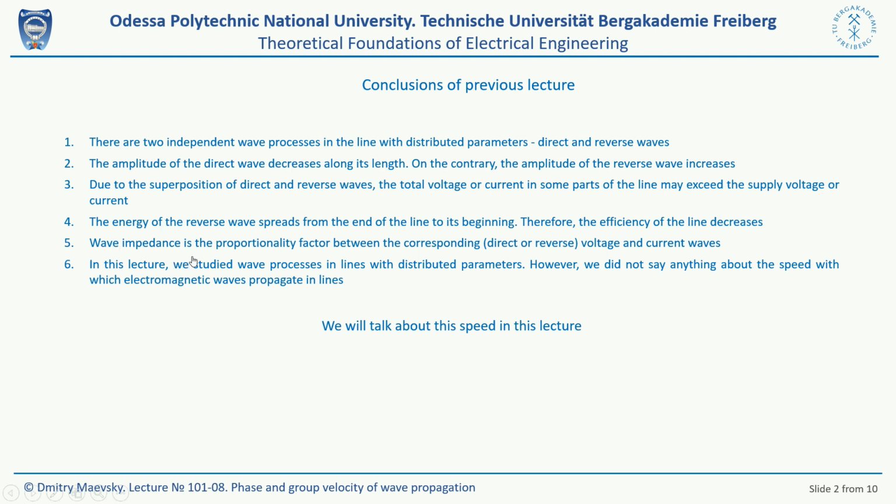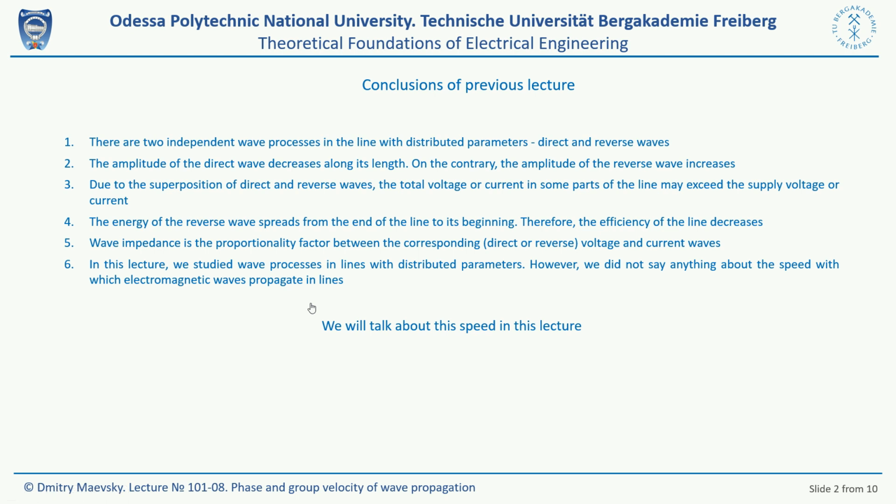Wave impedance is the coefficient of proportionality between the voltage and current of direct and reverse waves. This is the physical meaning of wave impedance. However, in the previous lecture, we didn't say anything about the speed with which these waves propagate along the line.